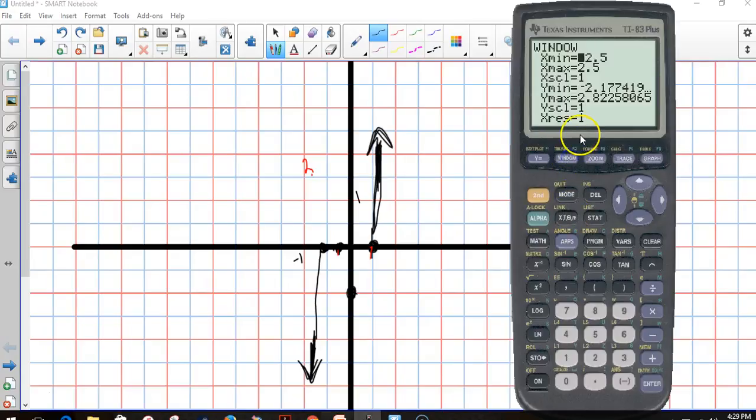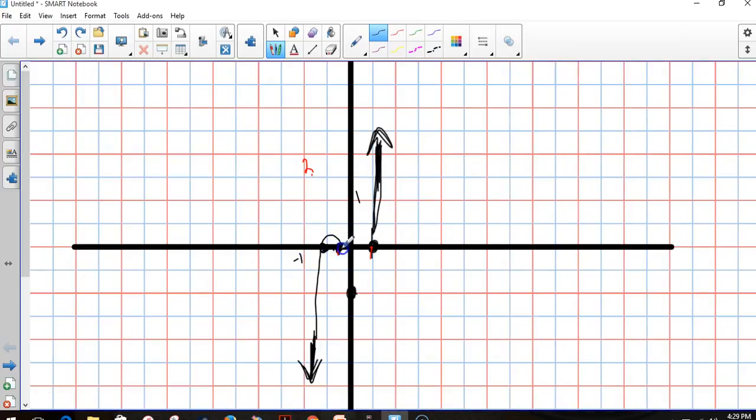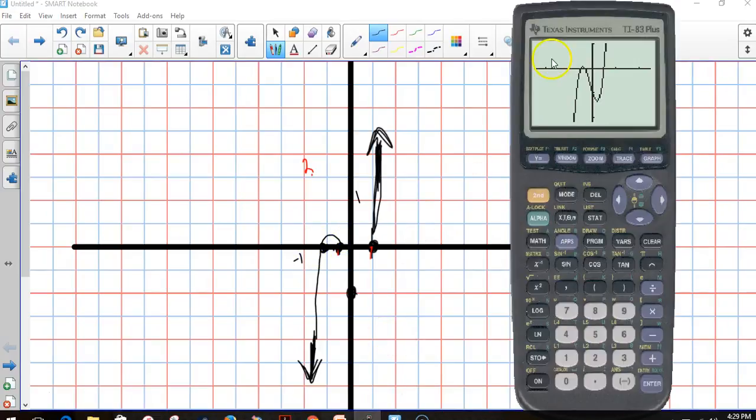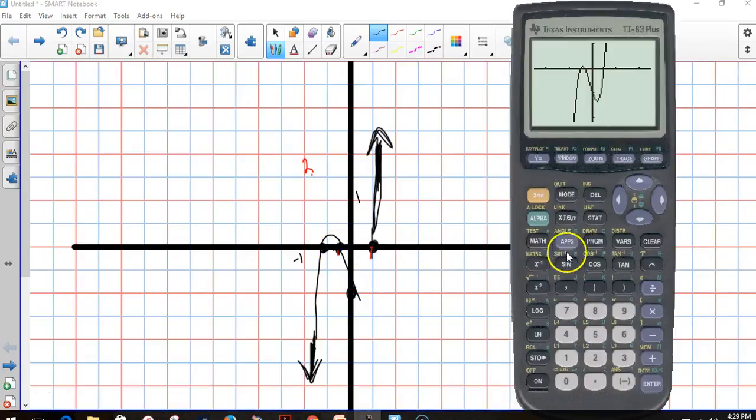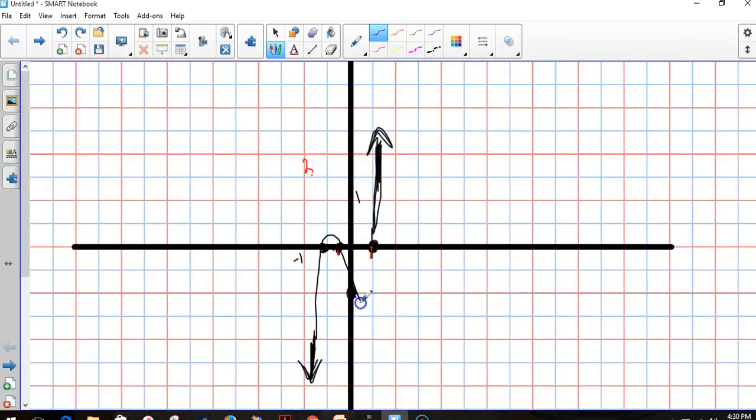And in fact, if you click on Window and take my Y max to a 1, you can see it hardly even gets over the x-axis. So it goes like this. Beep. Comes down the way we thought. Not too low. Looks like it's just after the 1. Turns around and then comes back up.